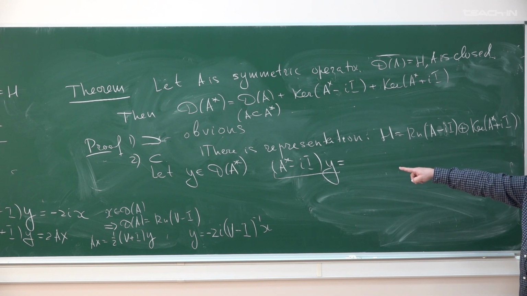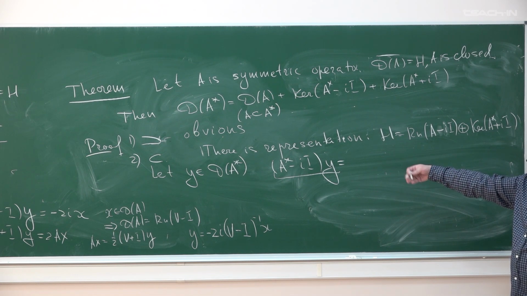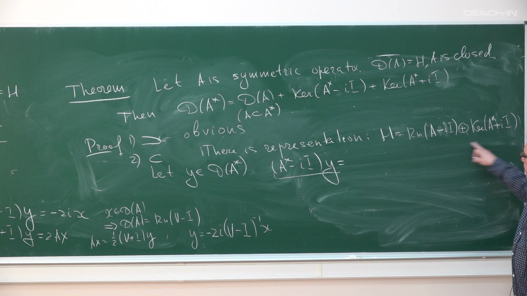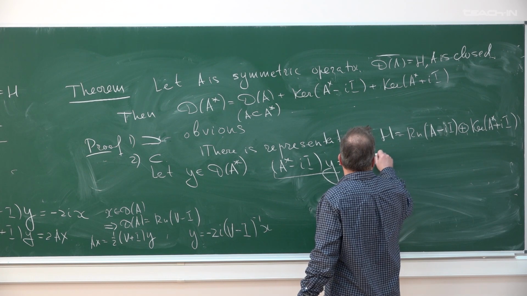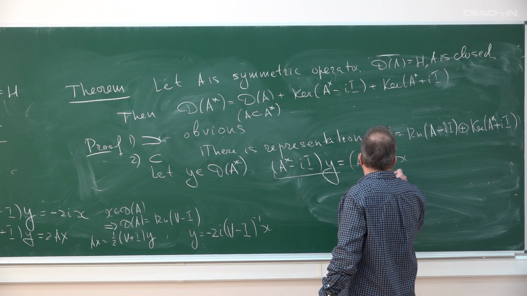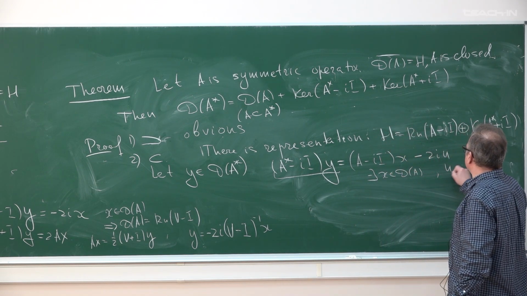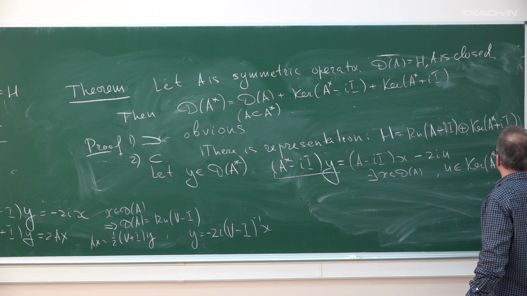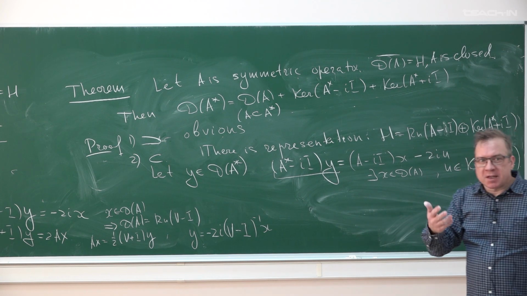You can write the result of the operator A star minus i identity applied to y. It is some vector from the Hilbert space H. You can write this vector in this representation. So there exists some element x from the domain of operator A. And again, the kernel of any linear operator is a linear subspace.